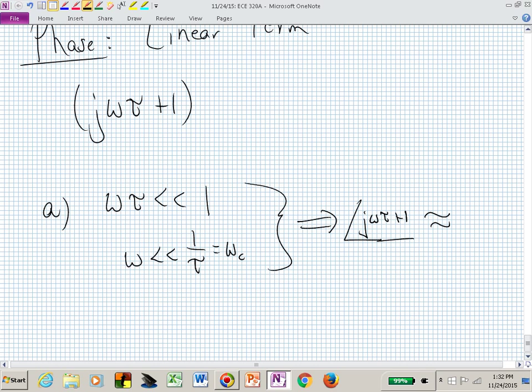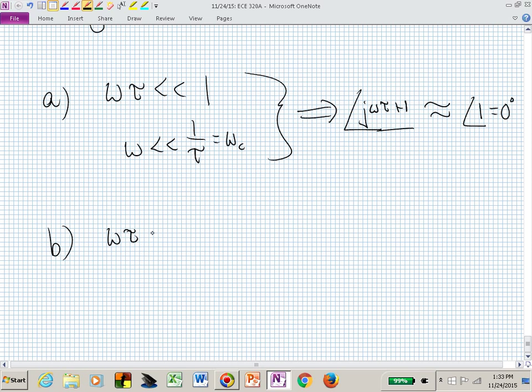What does j omega tau plus 1 equal when omega tau is much less than 1? Now I would just walk in the S-plane. I would go over 1, and how far up am I going to go? It's very small, so I'll just not go anywhere. And what's the angle to get me to where I'm standing? This becomes the angle of 1, which is 0 degrees. Does everybody see that? What about the other extreme?